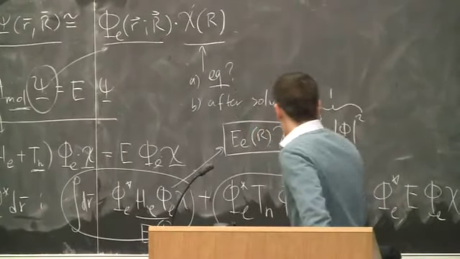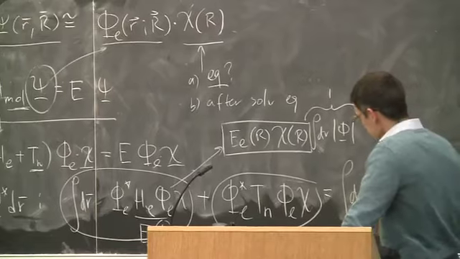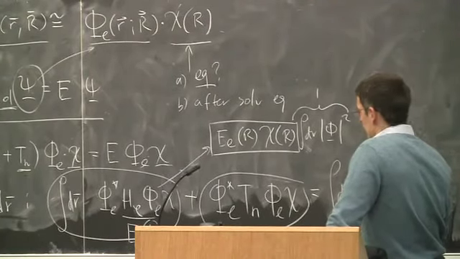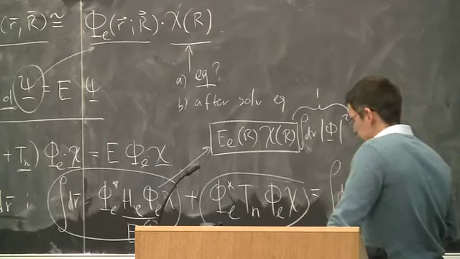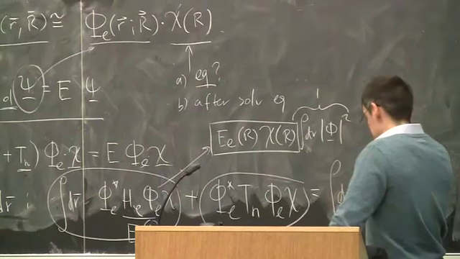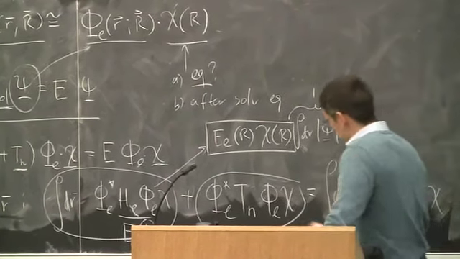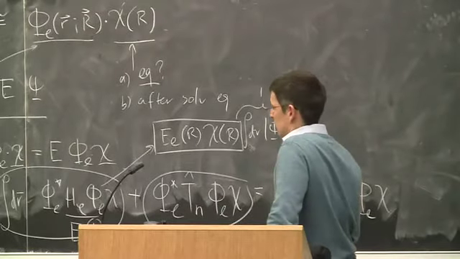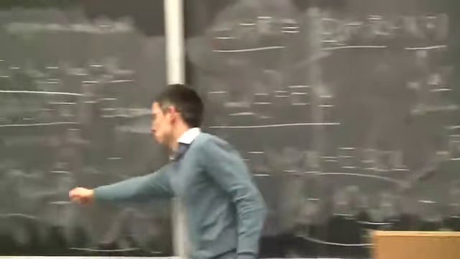Now, the second term is here. And this is what the key approximation of Born and Oppenheimer actually is. The approximation here is that we have a kinetic energy and it's a differential operator, right? So it differentiates the nuclear coordinates.